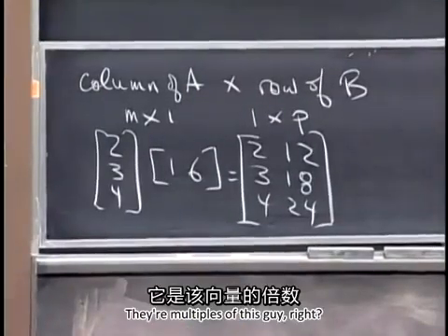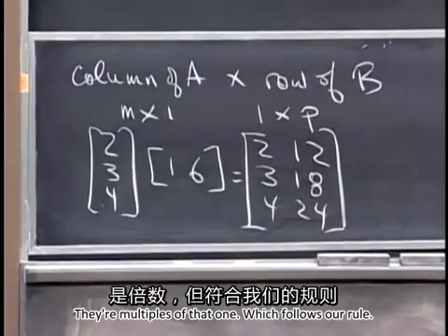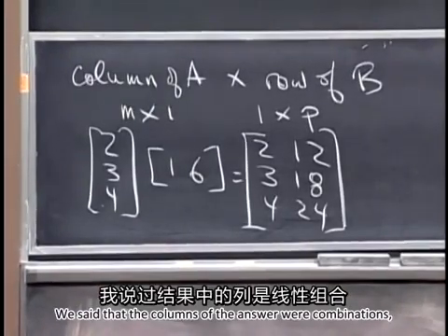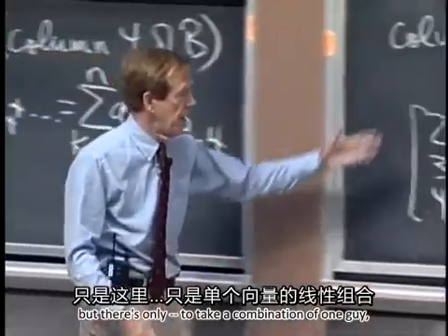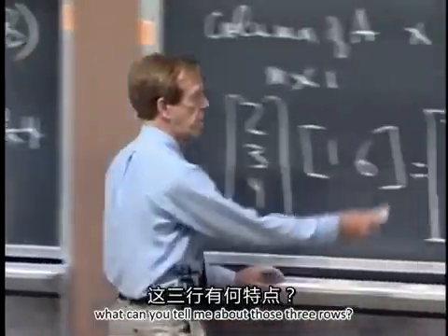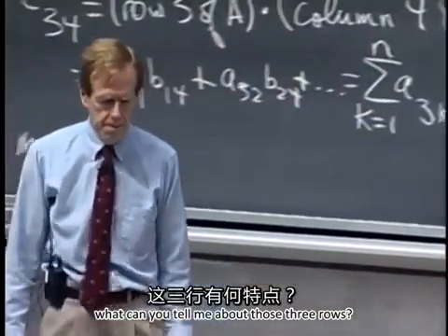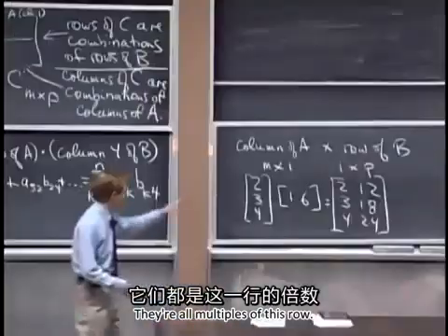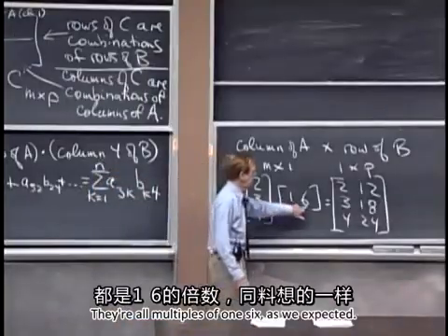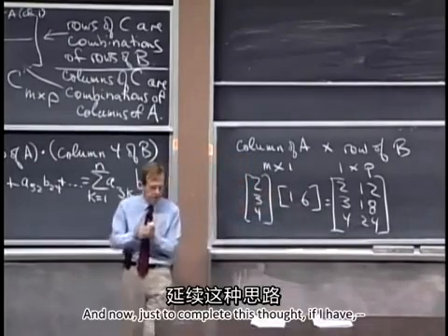They're multiples of this guy, right? They're multiples of that one, which follows our rule. We said that the columns of the answer were combinations, but to take a combination of one guy, it's just a multiple. The rows of the answer, what can you tell me about those three rows? They're all multiples of this row, 1, 6, as we expect. But I'm getting a full-size matrix.